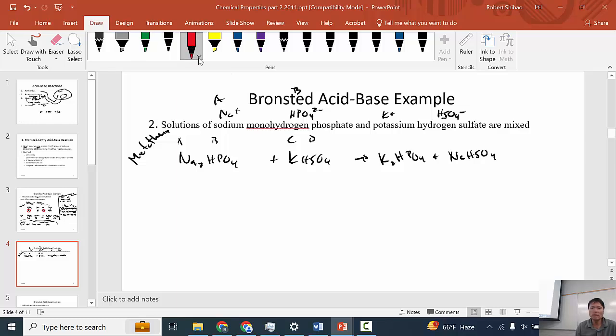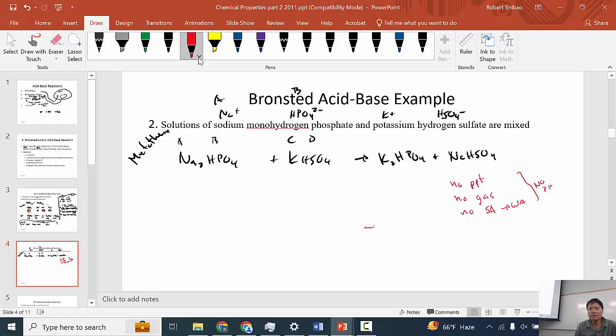But first thing is we've got to look for driving force. Do either of these precipitate? No precipitate. Do either of these decompose into a gas? No gas. What's the last thing we look at? Stronger acid to weaker acid? Yes? No. So no driving force.